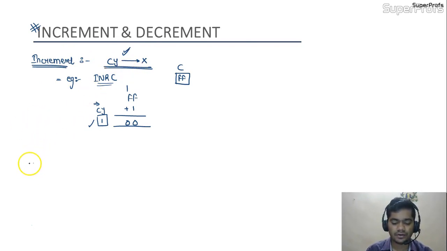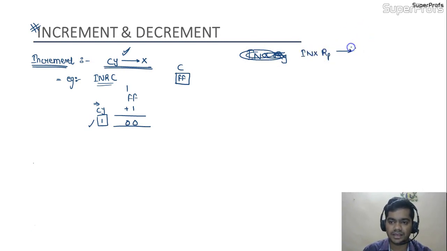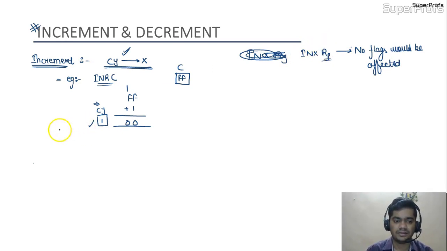Similarly, we have also discussed that for INX RP, no flags would be affected. So if we are incrementing the content of the register pair, then the status of the flag signals would not be affected.